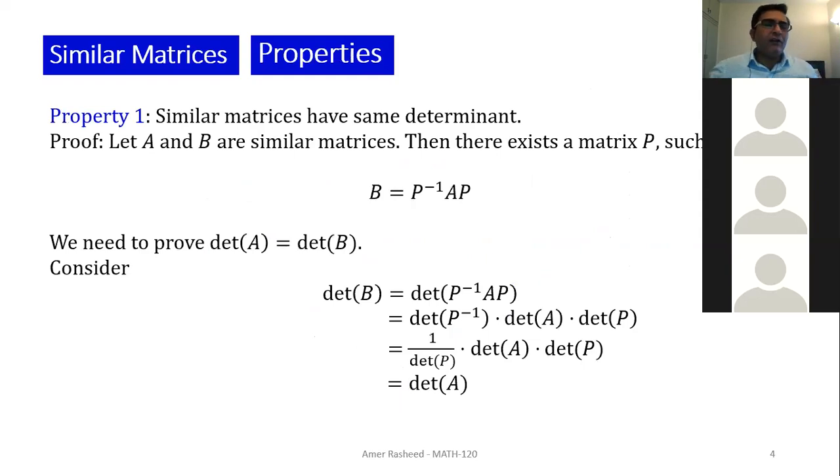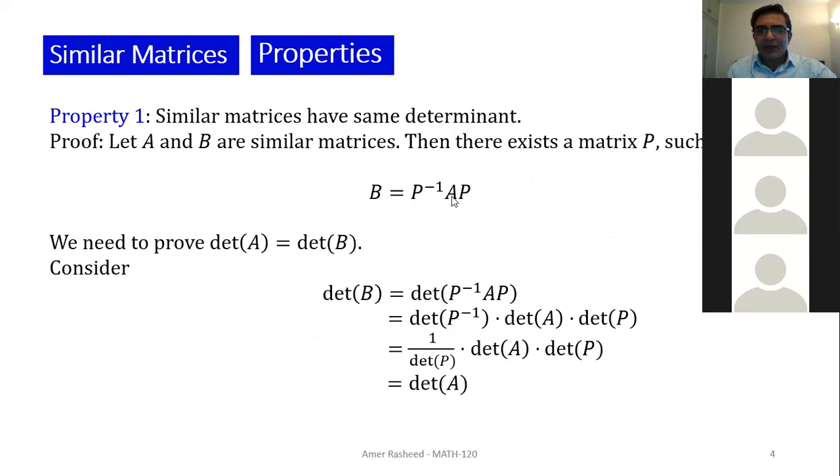So here are some of the properties of similar matrices which we are going to discuss. Now the question is, can we multiply P with P inverse and then A? No, it is not possible. We cannot change the order of P inverse, A and P in similar matrices.